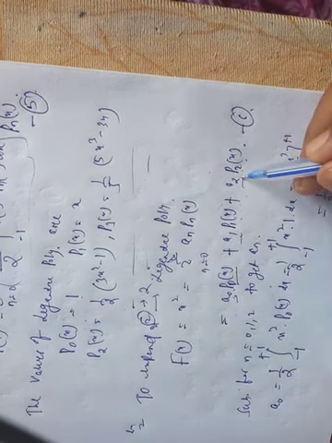Okay, so this is the expression. Finally we can derive the polynomial with respect to the orthogonal property: x square is equal to 1/3 P0(x), you can neglect the 0, plus 2/3 P2(x).